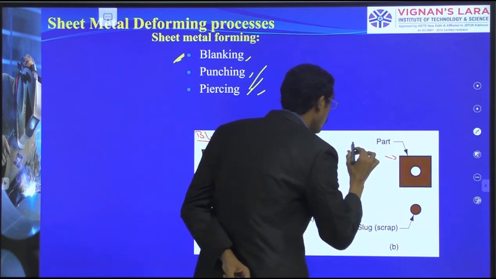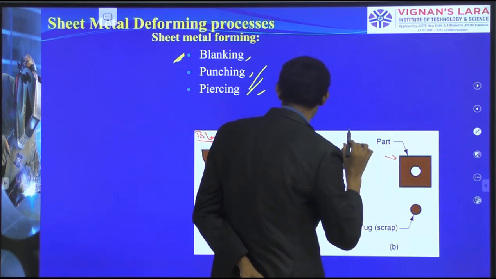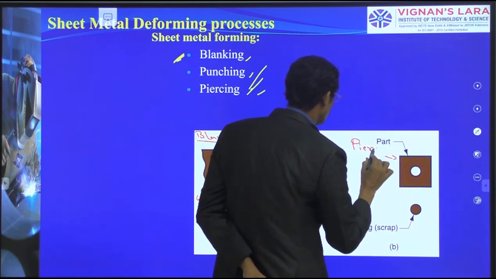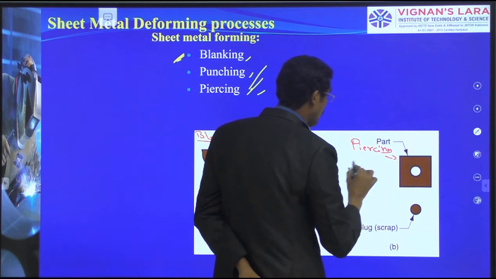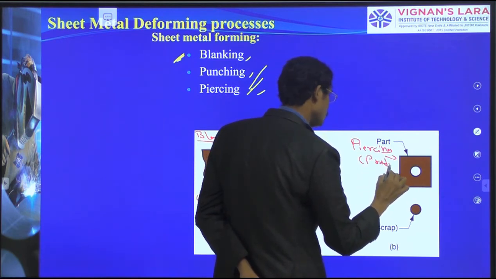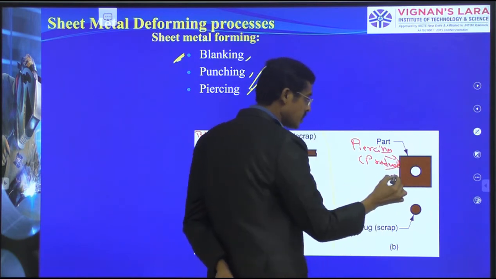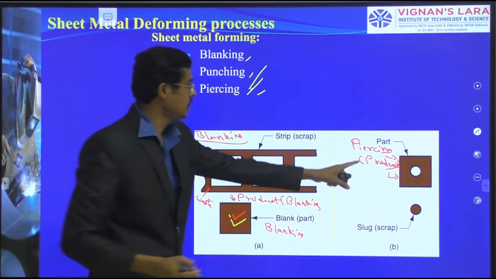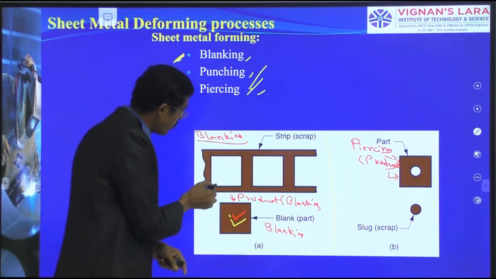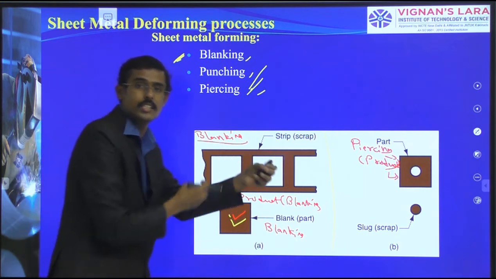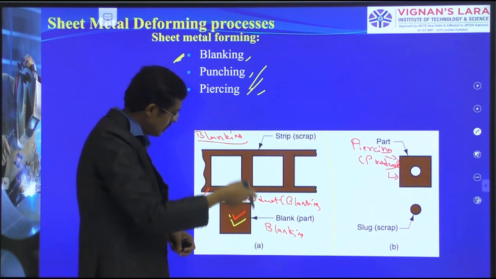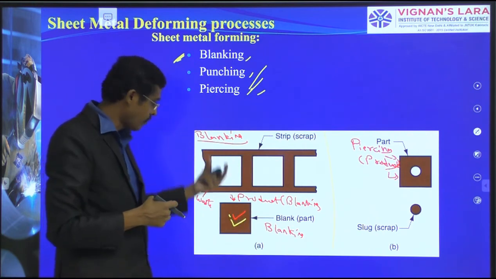The top one, this belongs to the product, that is named piercing. This is the product here. But the same piece which is cut over there becomes the waste in the blanking operation. It is reversed. So this is the piercing operation, and this is the blanking operation.